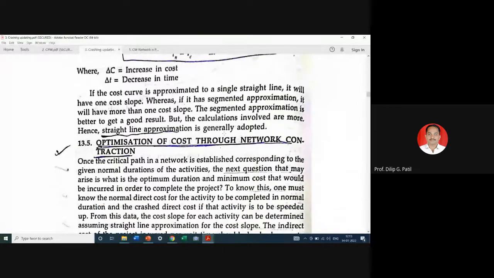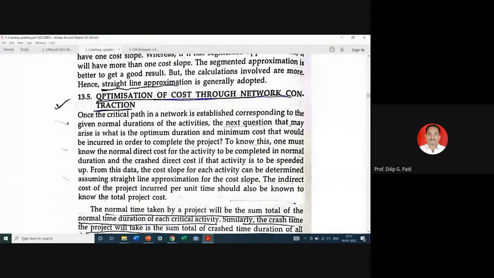So optimization of cost through network contraction. Contraction is nothing but crashing, reduction in the project duration. So you can see that you can crash each activity to a certain extent by addition of more resources. In general, we are considering the critical path in the network.